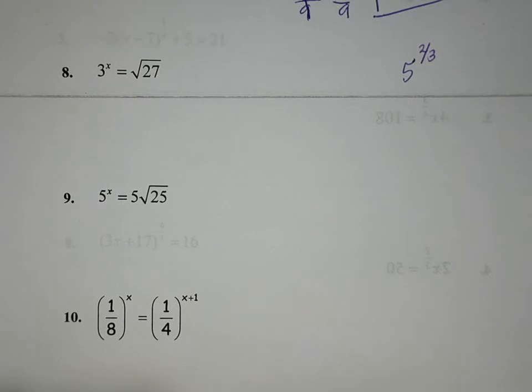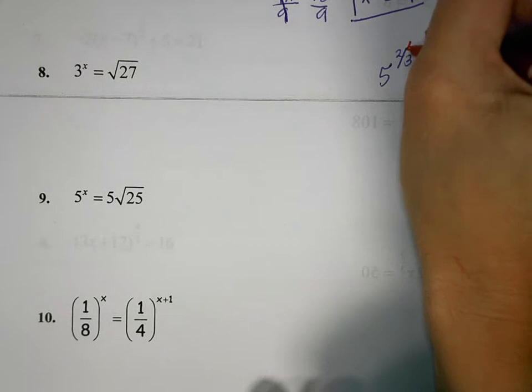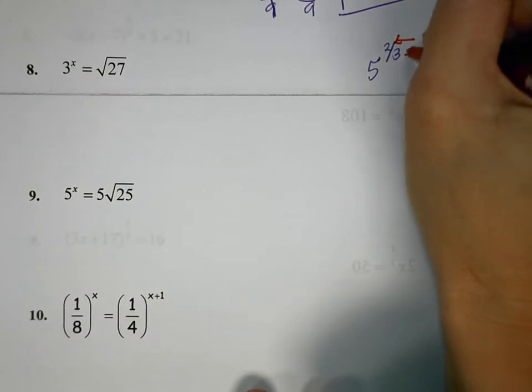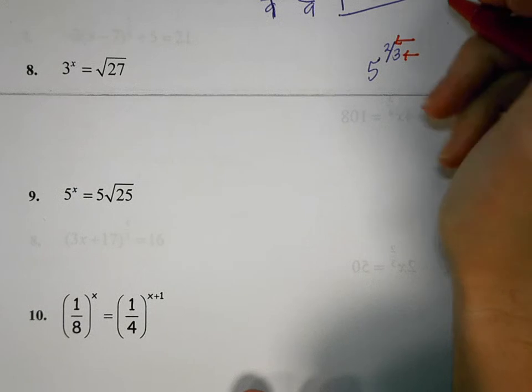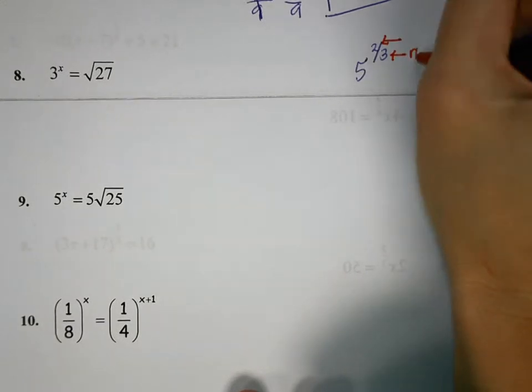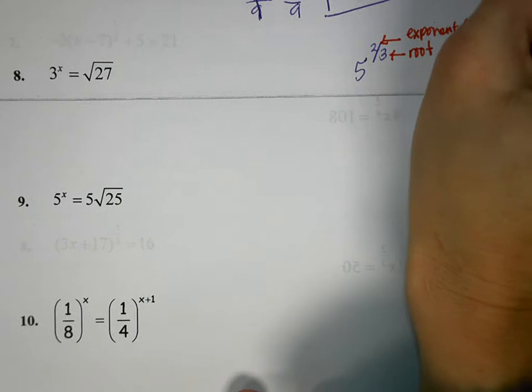Do you remember the 2 goes with what and the 3 goes with what? The 3 part becomes your root, and the 2 part is your exponent or power. Good, thank you, Anthony.